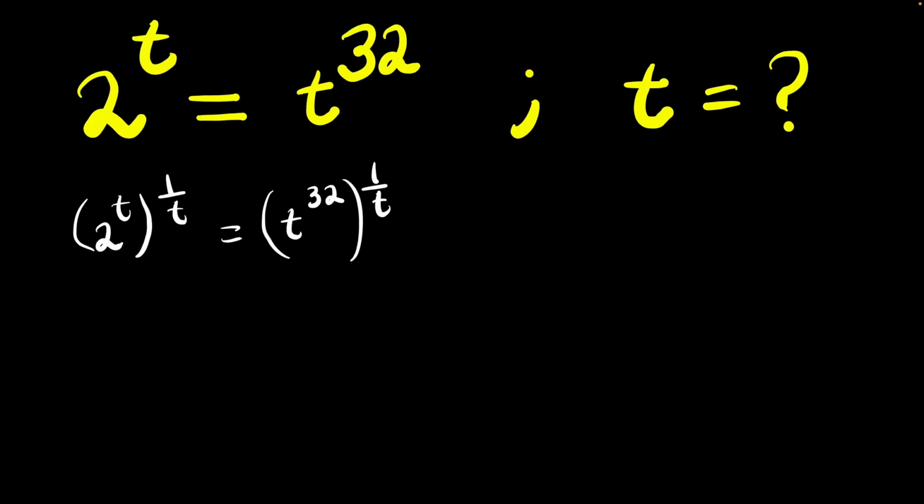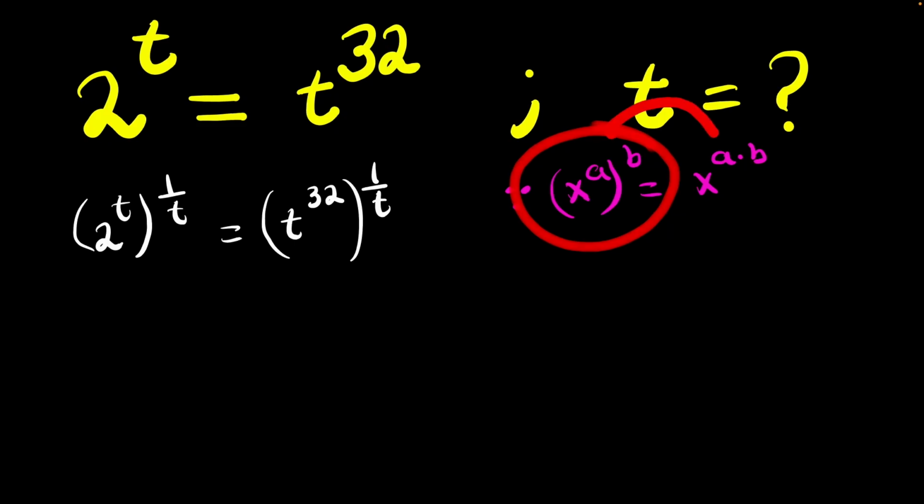So there is an exponential formula, which is: if we have x to the a whole to the b, then we can write this as x to the a times b. What do I mean by this? It means if I have this form, I can write it in this form.